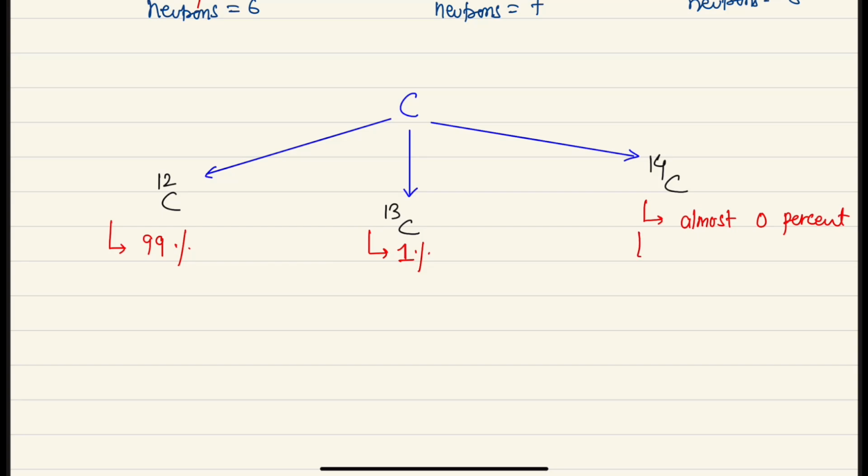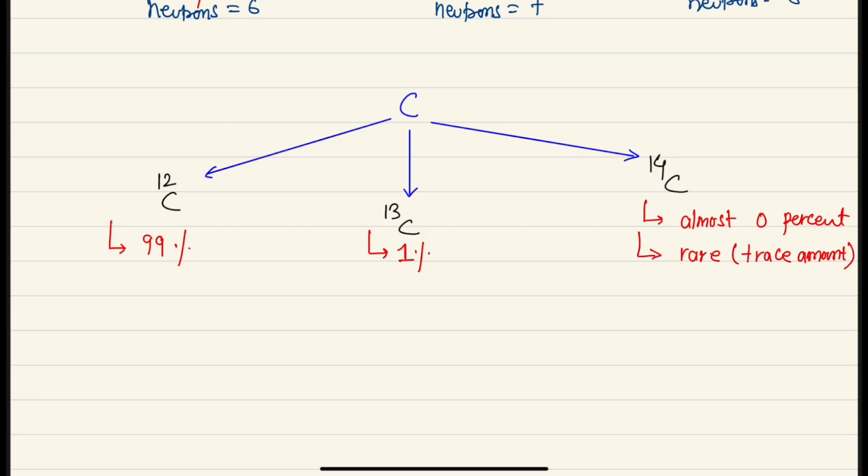It means it is very rare. Okay, 14C is very rare, and it is highly unstable. The more stable ones are C12 and C13, right? And 14C is almost 0, it is rare. It is found in trace amounts.